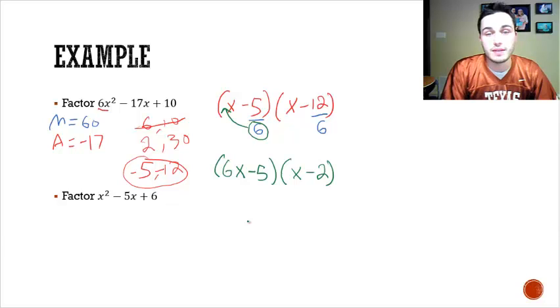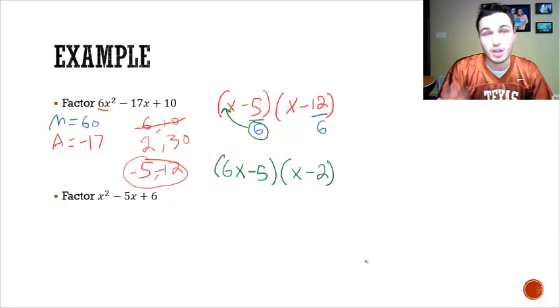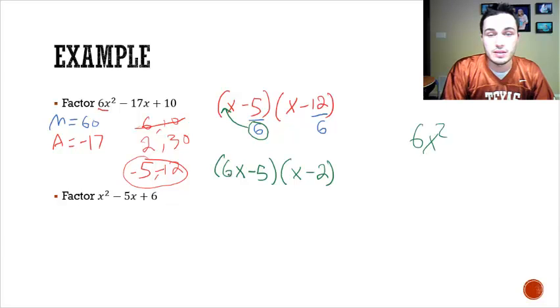I can even check this real fast just to see that we did it right by using the FOIL process. That would be like a last step, especially in the beginning, to make sure you're doing it correctly. So just off to the side here, I'm going to FOIL this to make sure it's correct. 6x times x is 6x squared. 6x times negative 2 is negative 12x.